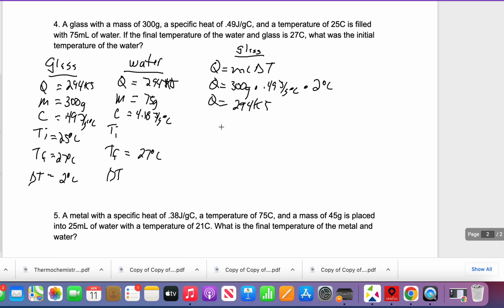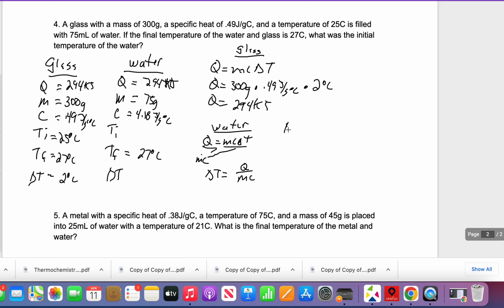All right, anyway, so now for the water, we're going to just solve for delta T. So if we have the Q equals MC delta T equation, we want delta T by itself, so we want to move M and C down here. So delta T is going to equal Q over MC, by just moving M and C diagonally.